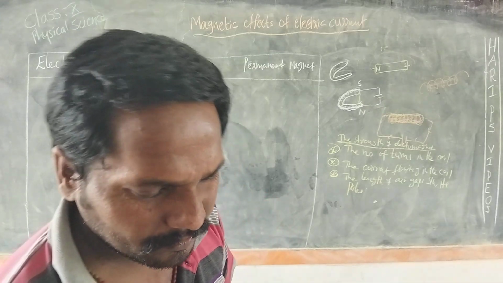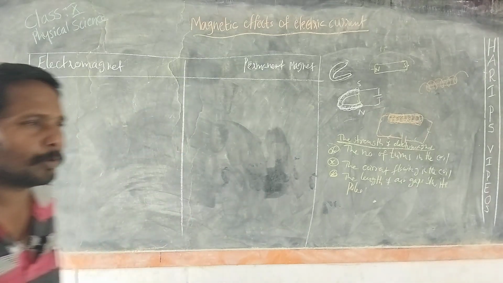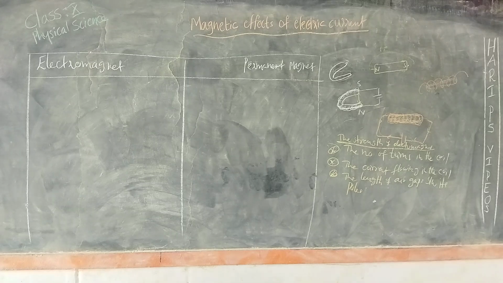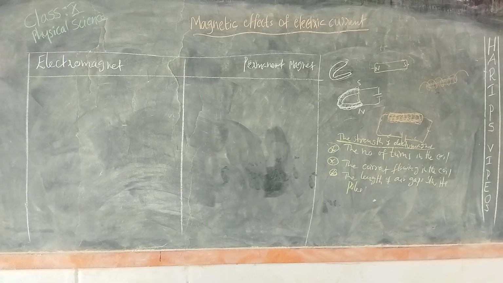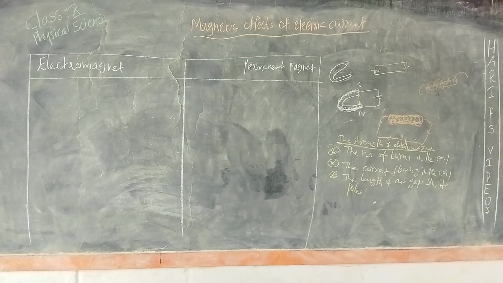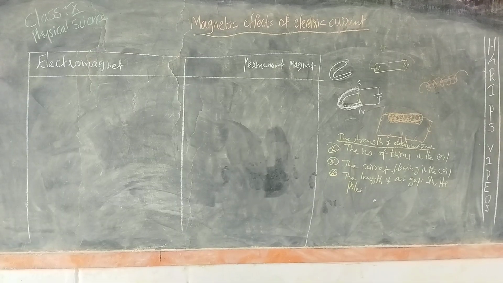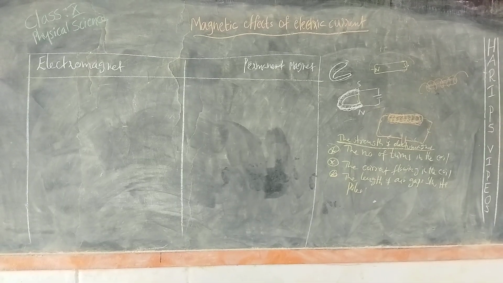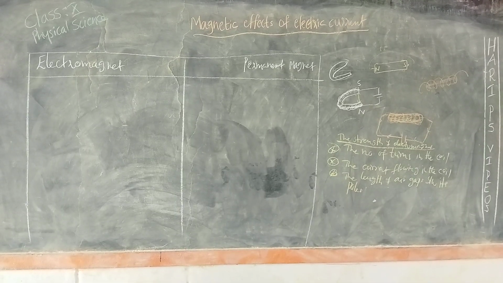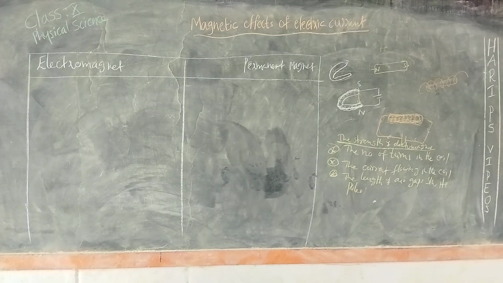So finally, it is a little topic only, easy for you to understand. That's why I did not explain much about electromagnets. But let us know the differences between a bar magnet or a permanent magnet and an electromagnet.